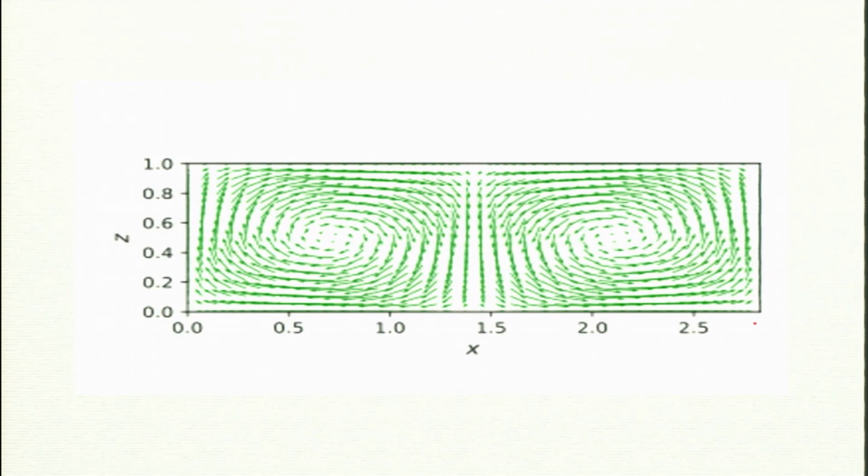So, 2 root 2 is around 3, 2.8. So, this is 2 root 2 and the 2 rolls, you can see the arrows are going like this, and my origin is where the arrow starts to go up. Of course, it could be shifted, and the vertical dimension is 1.